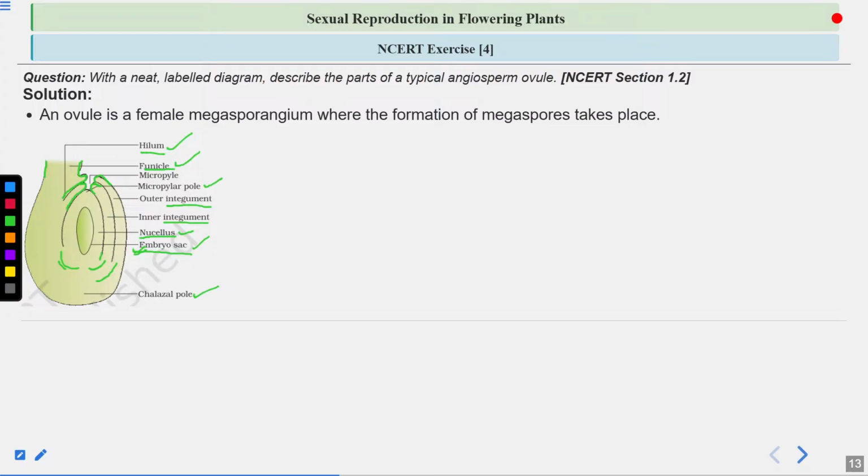And there is a suture, or you can say a pore-like structure, that is called the micropyle. So this is the whole structure of the megasporangium or ovule. So don't get confused with these two words, megasporangium or ovule. That is the same thing.